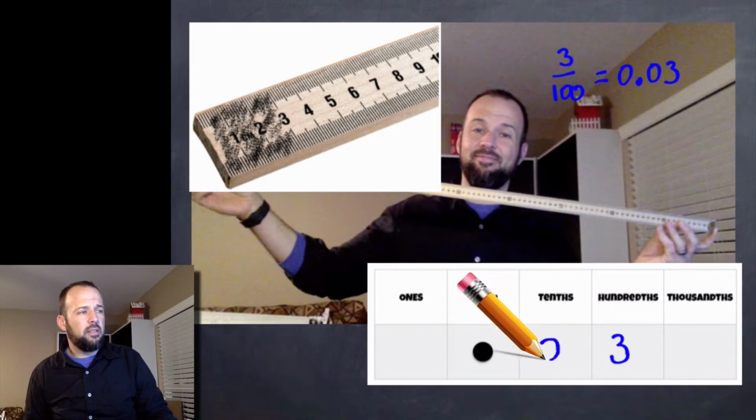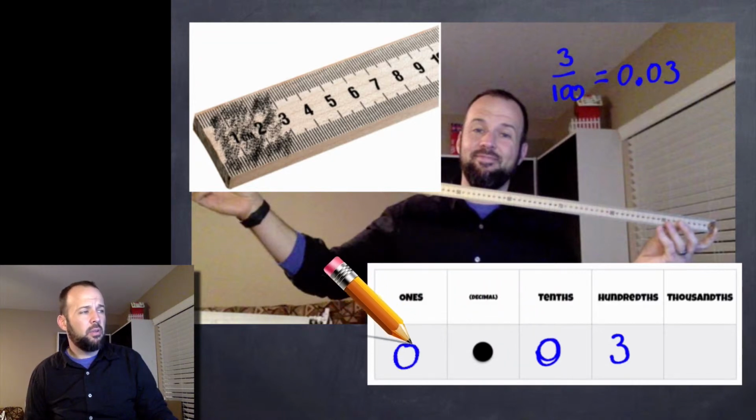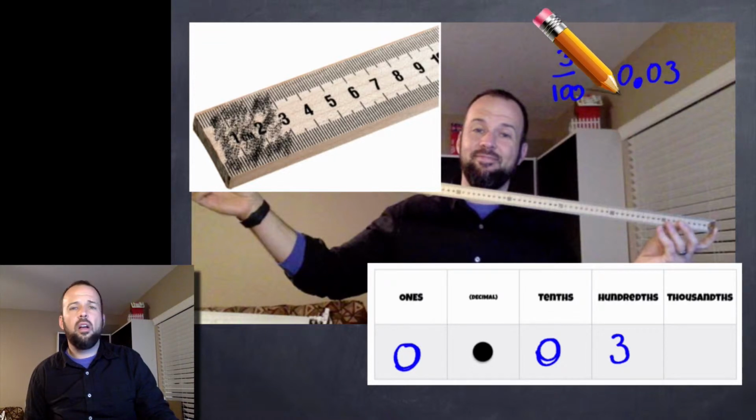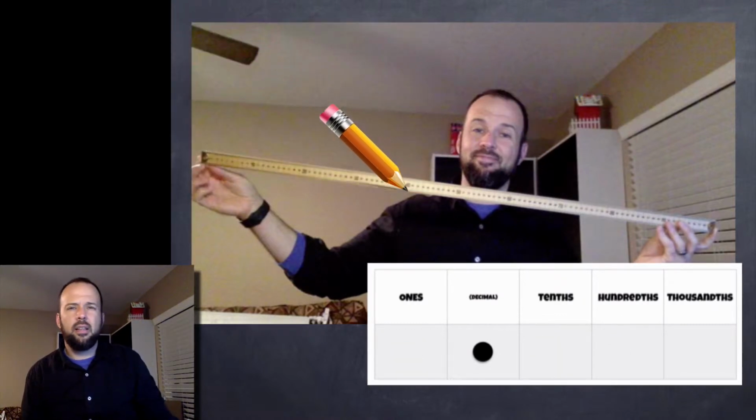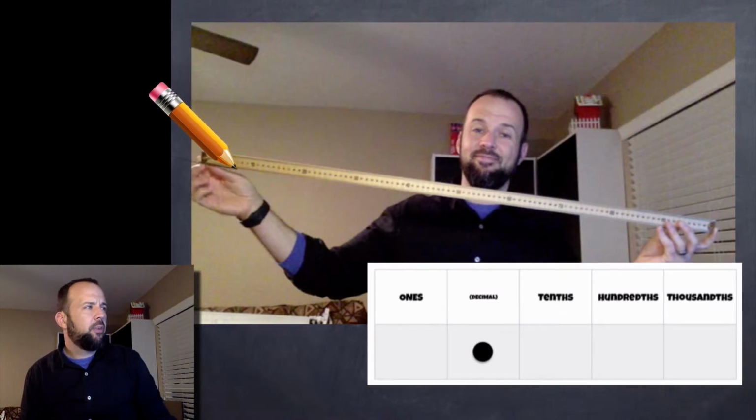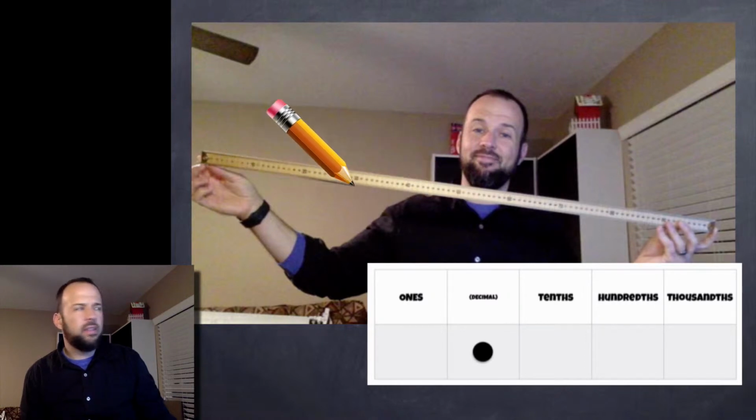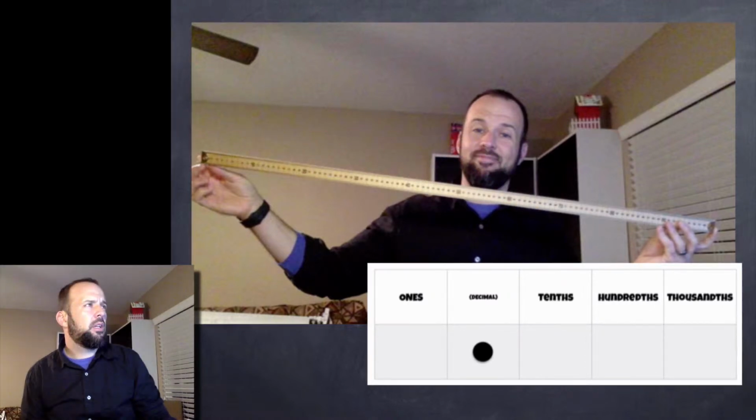We have to put that 0 in the tenths place because I don't have any tenths. And then again, I could put a 0 in the ones place because that would allow me to put my decimal in there. So 0.03, 3 hundredths. All right, let's take this a step further here. If we look at this meter stick here, and I wanted to pay attention to, let's say, the tens.